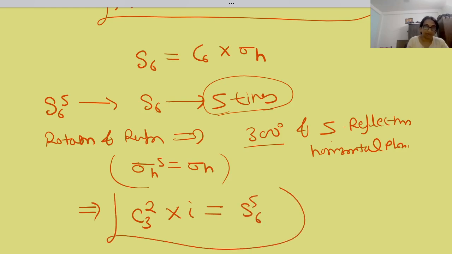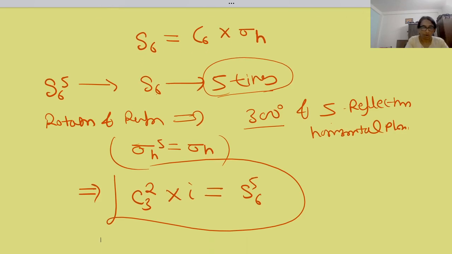It is equal because of the above concept, and the proper rotation component at 300 degrees is equivalent to C3^2. The 300 degrees is 2 times 120 degrees, where 120 degrees is the C3 rotation.